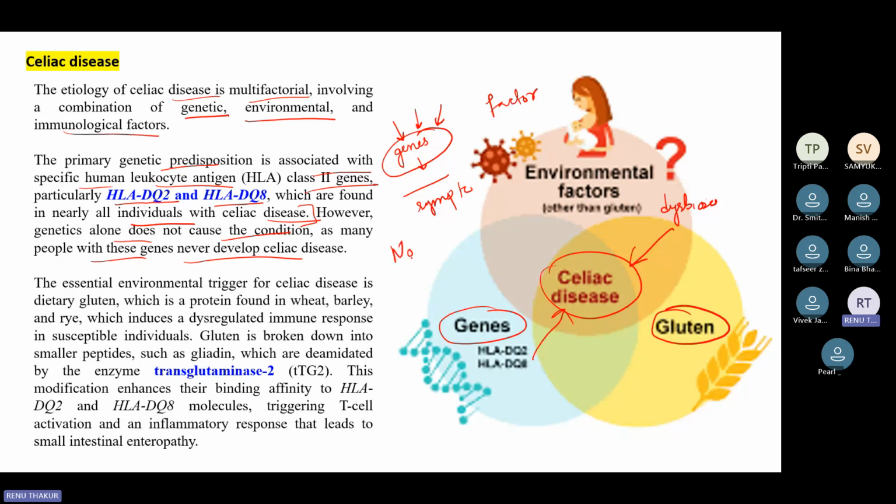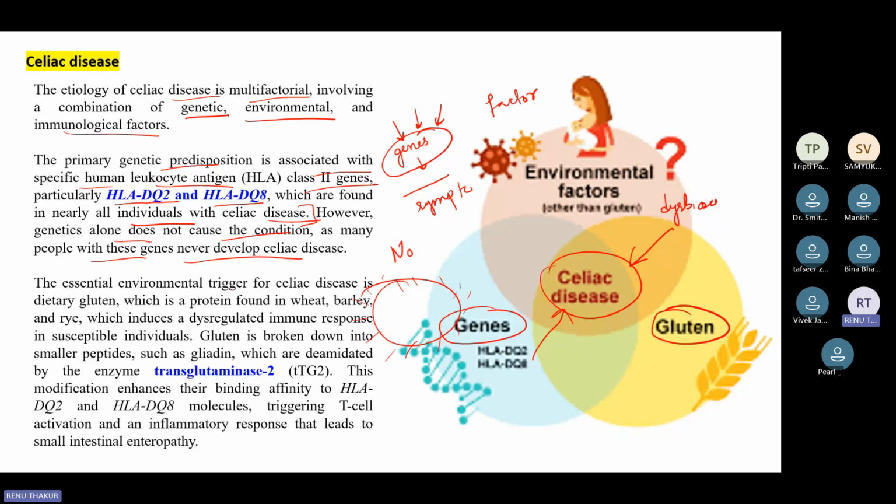No, because it depends on whether your genes are active or not, because in our body, as you all know, there are so many non-coding genes. So this gene can only be activated if you provide some conditions which make it react in your body and start the symptoms of celiac disease.